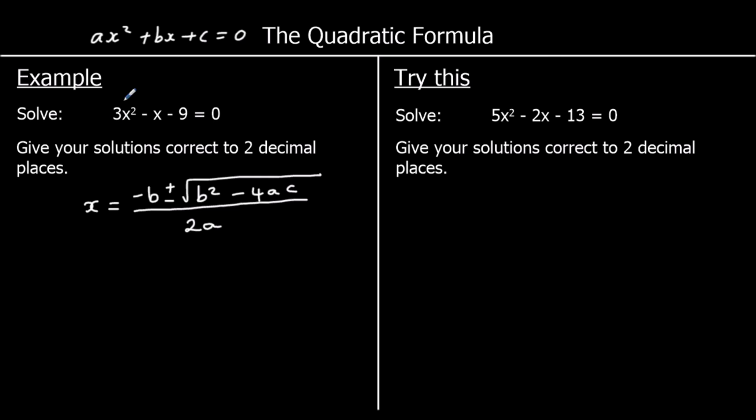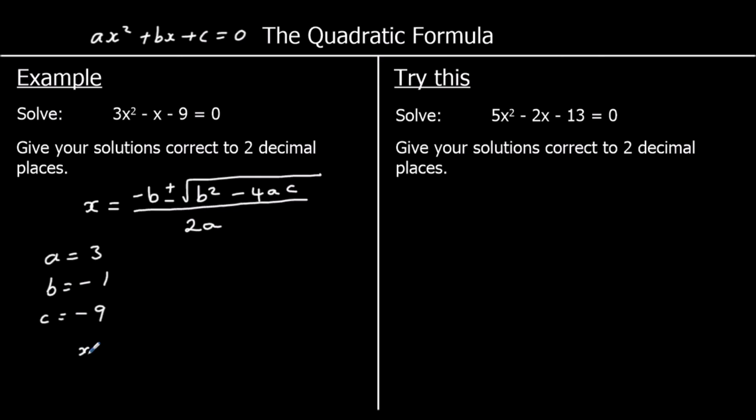So a is 3 in this question. B is negative 1. That's how many x's we've got. And C is negative 9. And we substitute in to our formula.